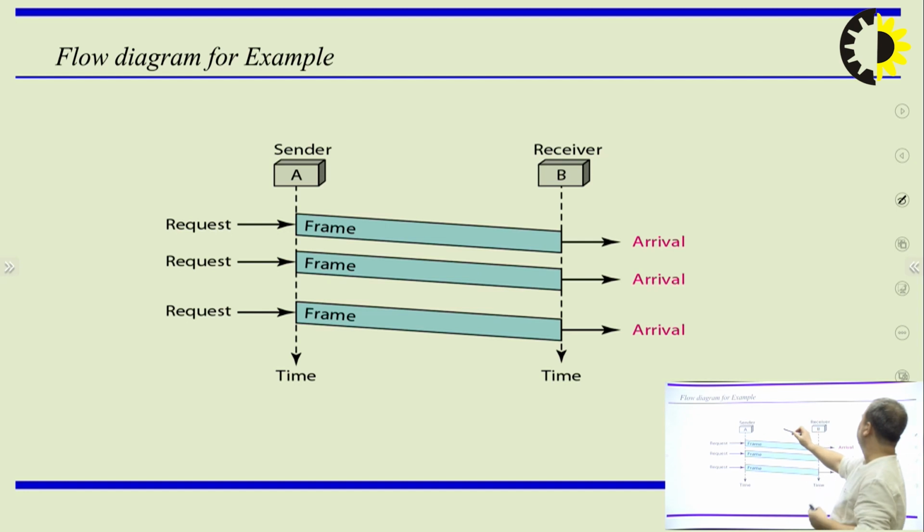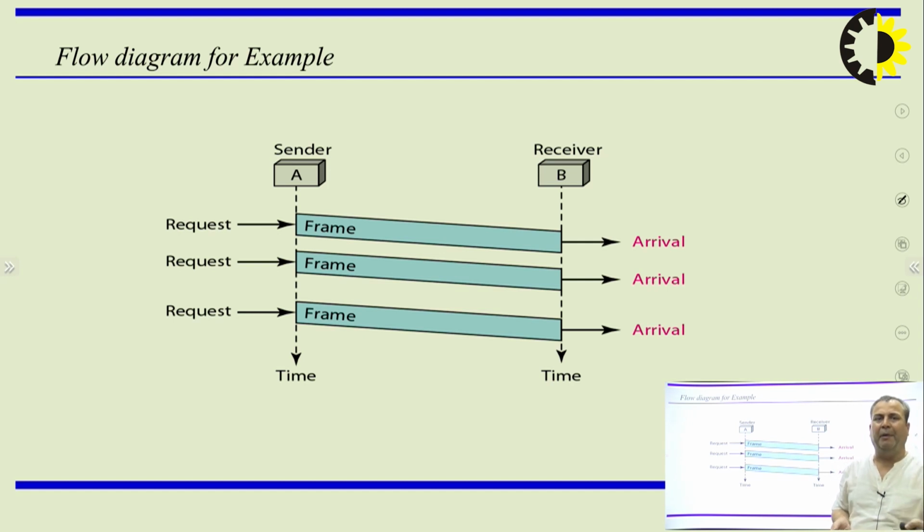We can see this is sender A, and receiver B. Data at the data link layer is called a frame. So here data is a frame, because the flow control technique is implemented at the data link layer. At the network layer, what is data?